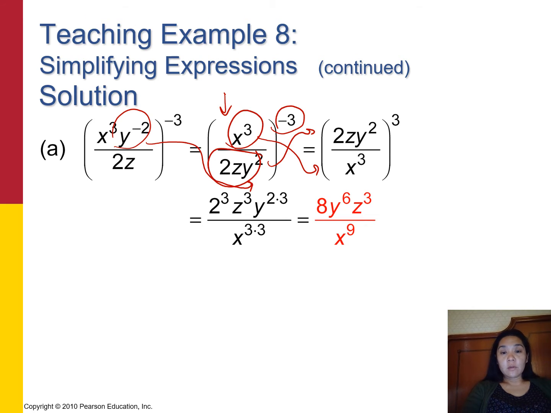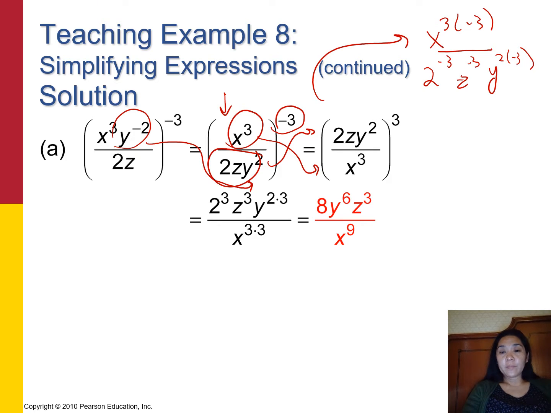You could say, let's take it up here, x to the 3 minus 3, right? And 2 to the minus 3, z to the minus 3, and y to the 2 times minus 3. You could do that, okay? But notice you have all these minuses, so you're just going to flip everything over anyway. So this kind of saves you a step.